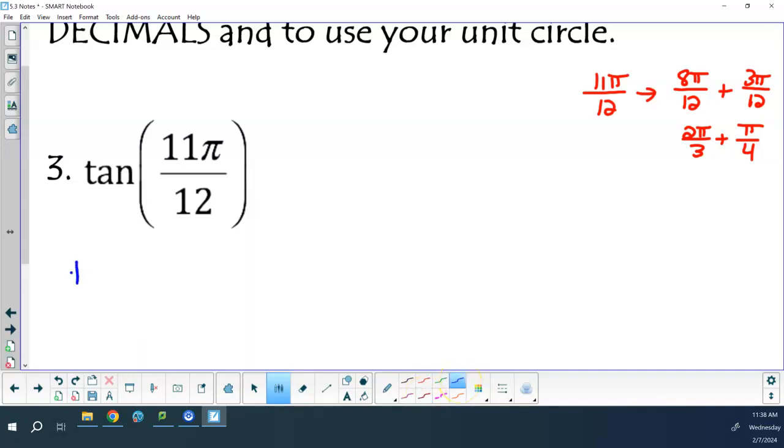So this is going to be the tangent of 2 pi over 3 plus pi over 4. Here we go.